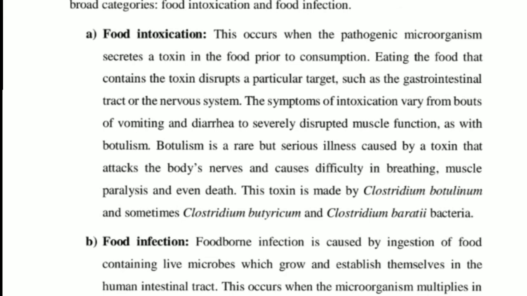The symptoms of intoxication vary from bouts of vomiting and diarrhea to severely disrupted muscle functions, as it is found with botulism caused by Clostridium botulinum. I hope we understand what I have just explained.